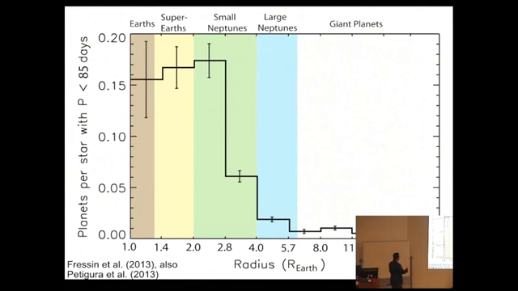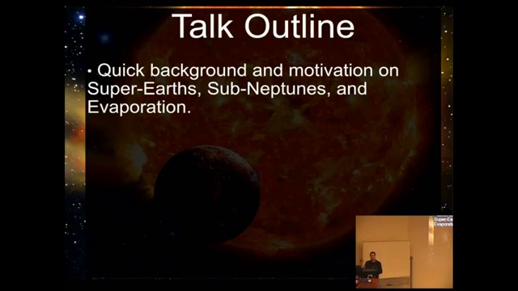So this is the corrected occurrence rate, corrected for selection effects, for planets within about 85 days. So for non-astronomers, this is about features of this population and how we can use evaporation as a tool to understand this population in general.